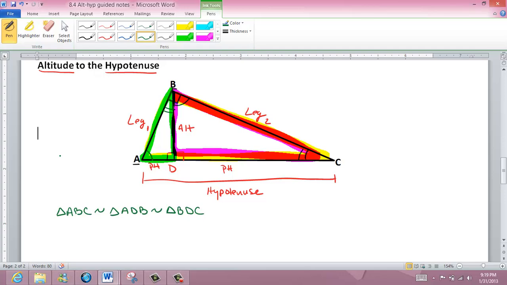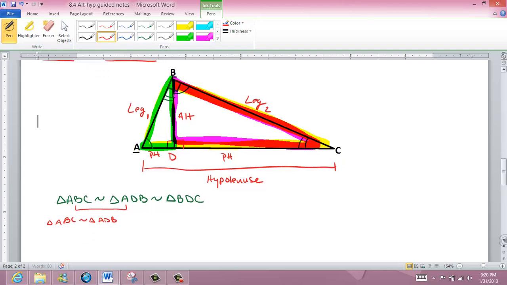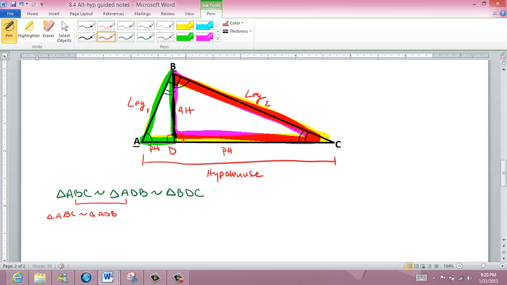Since we've already discussed what similar triangles were and what the similarity statements tell us, we're going to pull out the first two triangles. We are going to take triangle ABC, similar to triangle ADB. We're going to take a look at all of our ratios of the corresponding sides.